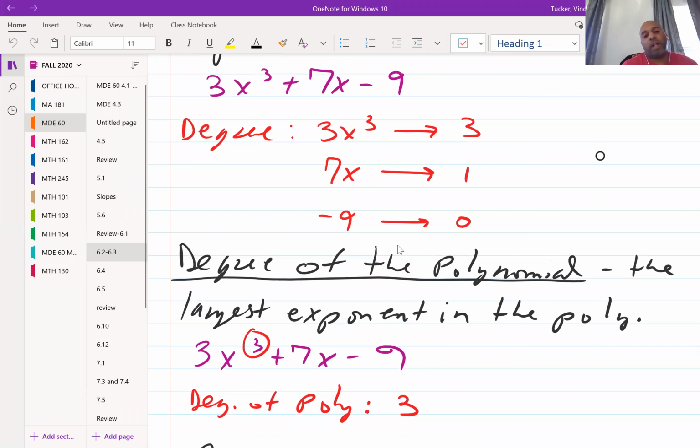All right, the degree of the polynomial is the largest exponent in the polynomial. So that would be 3.